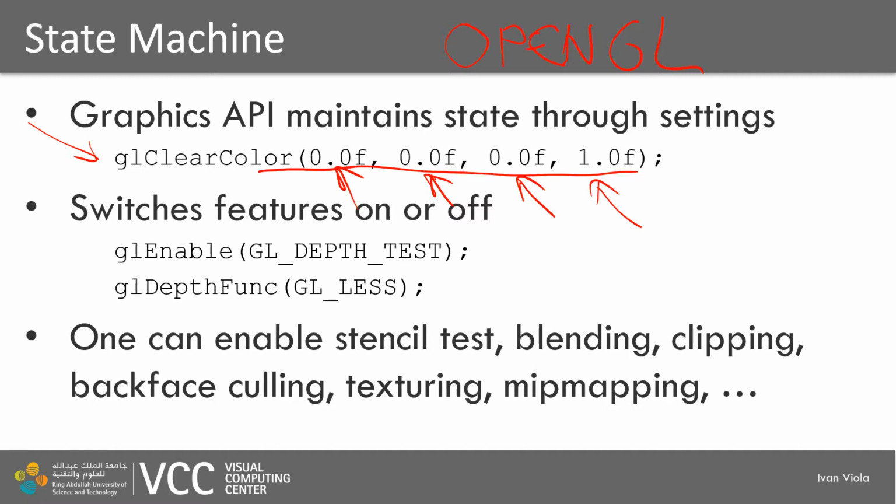This doesn't apply to the entire graphics hardware. This applies to one given context. So within an application, we will have a graphics context, and within that graphics context, we will have this state machine where all the states will be set.